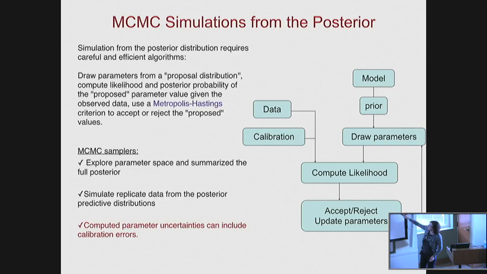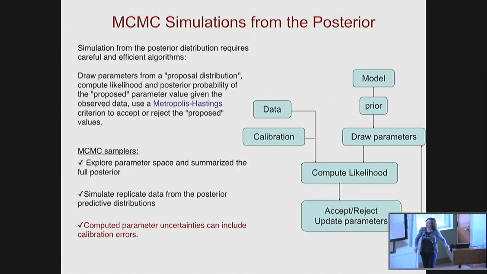We draw parameters, we compute the likelihood, and looking at the data and calibration, we compute the likelihood, and then we accept or reject the parameters and update them. This block is actually important because there are different MCMC algorithms.